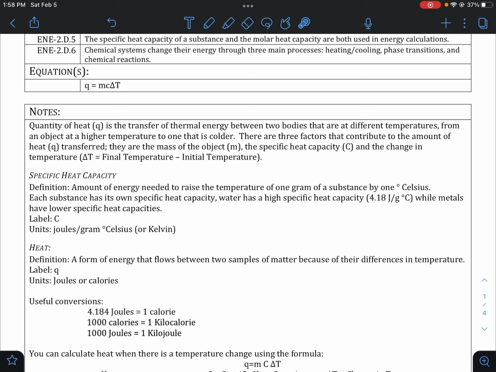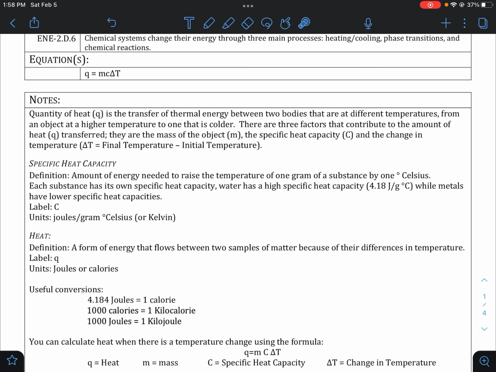Now, we talked about heat. It's energy flow from one thing to another, and we've talked about it in different forms: from the hot thing to the cold thing, from the system to the surroundings, etc. The unit for heat is joules. This equation says that heat is equal to mass times the specific heat capacity times the change in temperature.